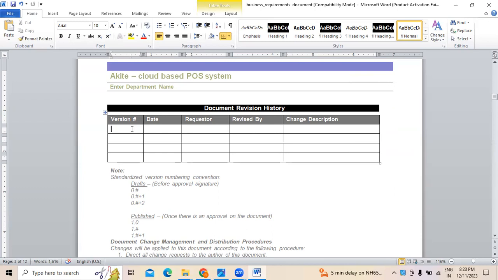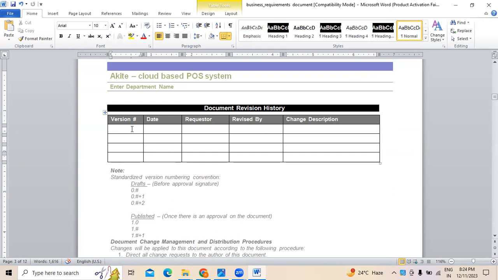Subsequently, all these changes have to be updated under the document revision history. Initially, whenever we start the project, we don't do the revisions. But once we start working on the document, whenever any changes happen, the revision details will be mentioned over here.